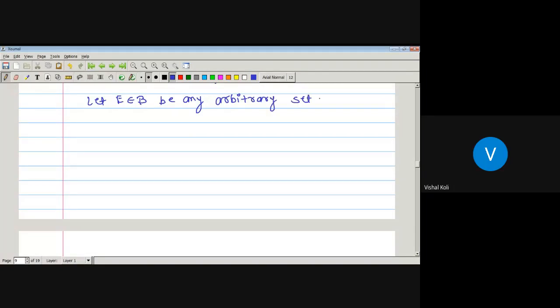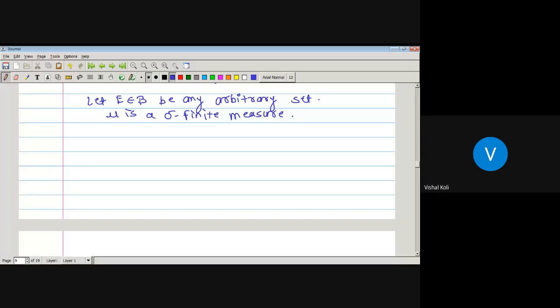As we are given that mu is a sigma finite measure, then the measure of E is finite.